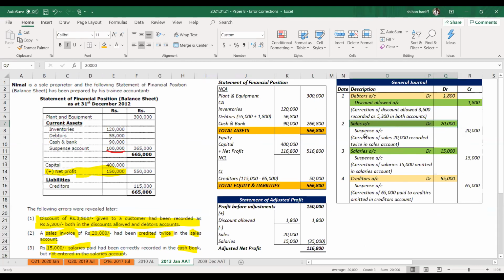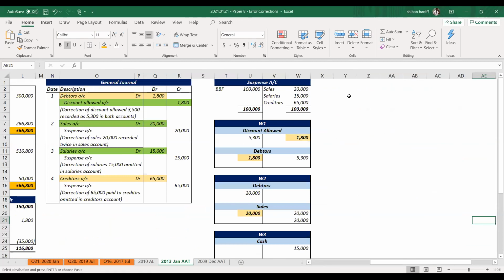So the simple way to remember is income or expense. Let me take another summary on that. Income or expense credit. Remember this note.